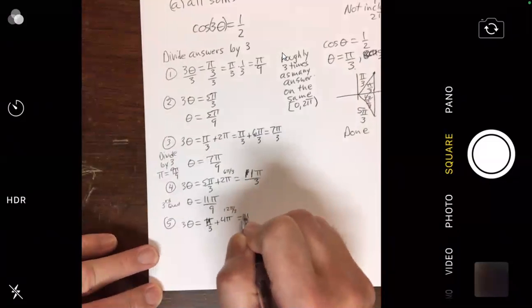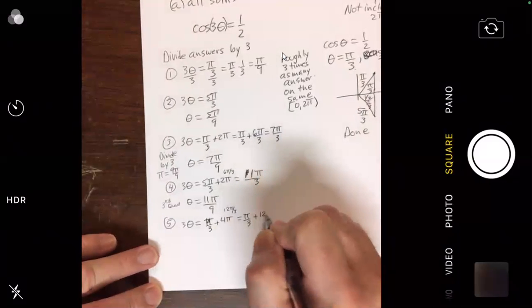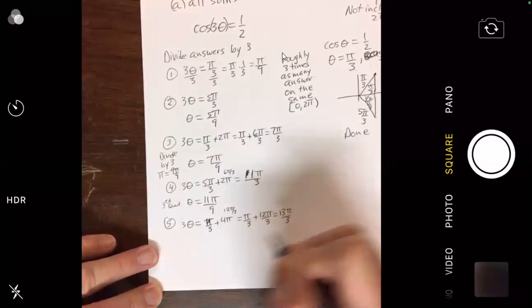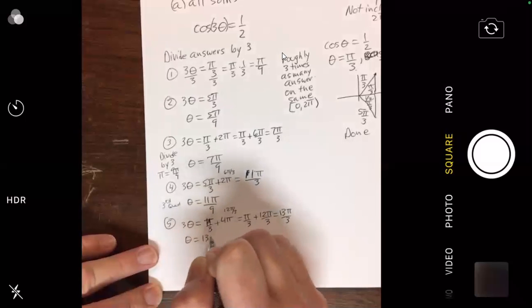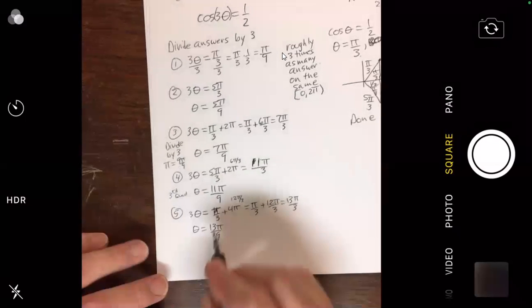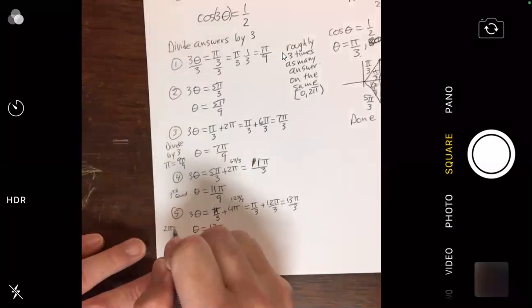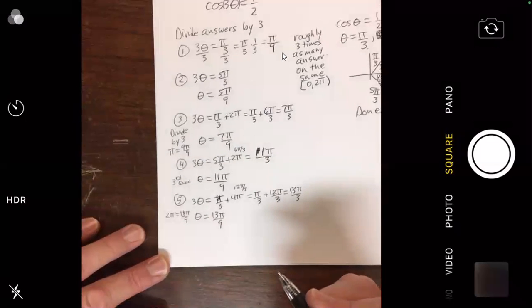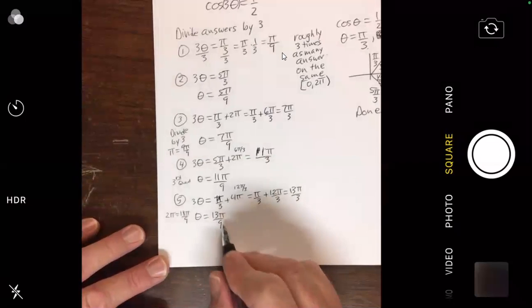So I'm at pi over 3, add 12 pi over 3, which is 13 pi over 3, and theta then would be 13 pi over 9. How do I know when to quit this madness? 2 pi is equal to 18 pi over 9. I'm not quite there yet.